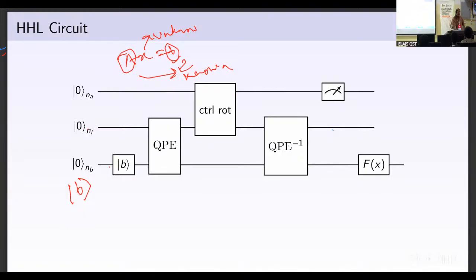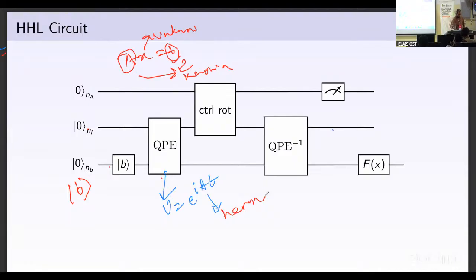So we can load B, we transform B into the computational basis, we write it to the computational basis and load it here. We apply a QPE, and if you remember, what QPE does is it finds the eigenvalue of a unitary. So here the unitary which we are solving is exponential of iAt, which is why we had said that A should be Hermitian, so that it can be written as a unitary very efficiently.